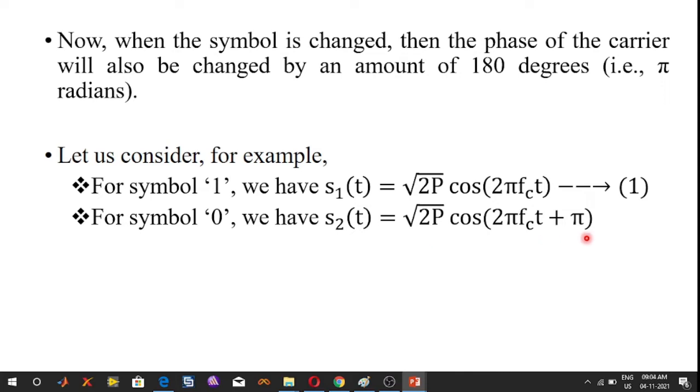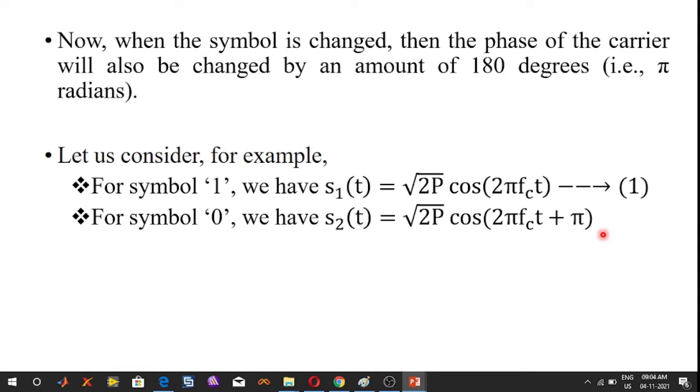Now here, when the symbol is changed, the phase of the carrier will also be changed. So in the first equation, the phase angle is 0 degrees, and in the second equation, the phase angle is 180 degrees. For binary symbol 1, the phase angle is 0 degrees, and for binary symbol 0, the phase angle is 180 degrees.